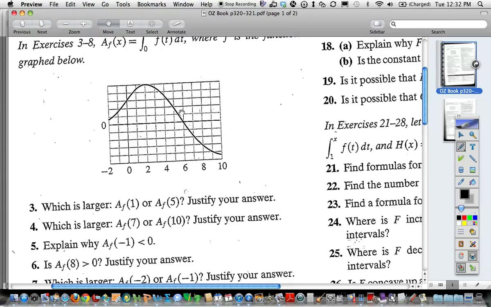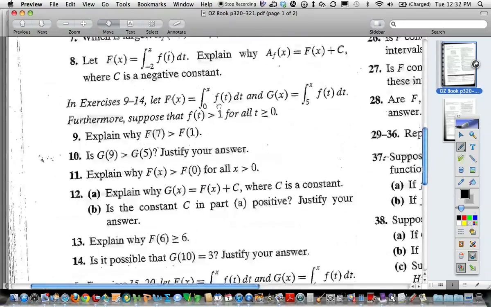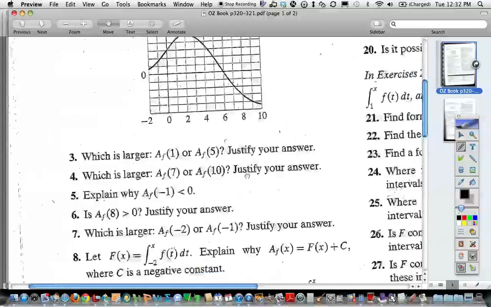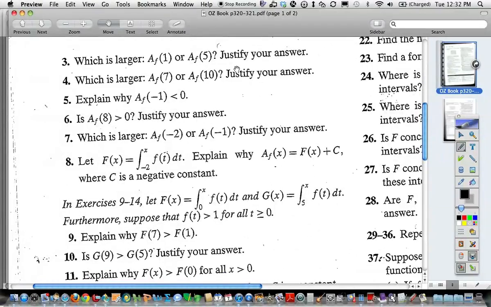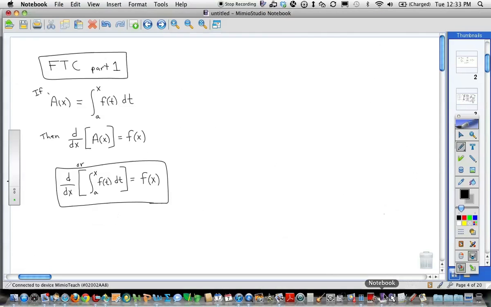Okay, let's move on to the homework here. I want to talk about number 2. I had mentioned last time about using the shortcut. Okay, so this is something I want you to be able to do.